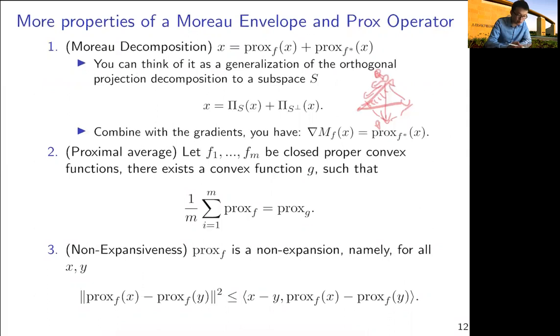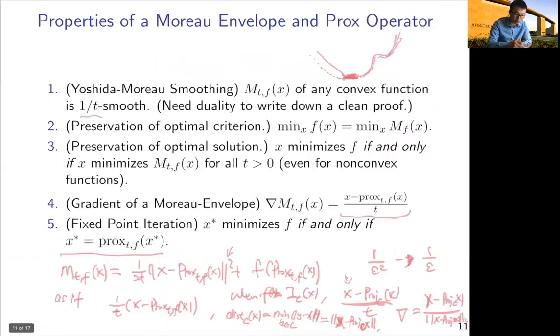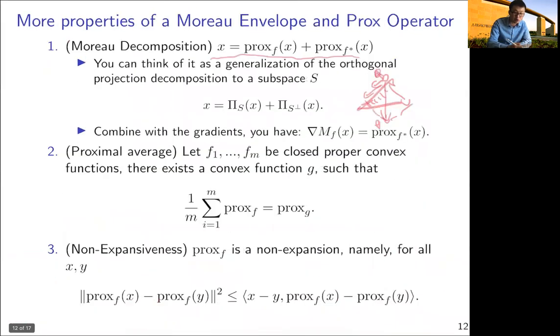So when you combine this decomposition with the gradient calculation in the previous slide, you can just substitute this into this equation here, and you get something more concise. You can work out that the gradient of the Moreau envelope is actually the prox of its conjugate at the same location.